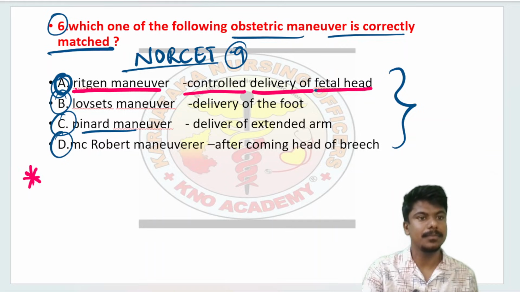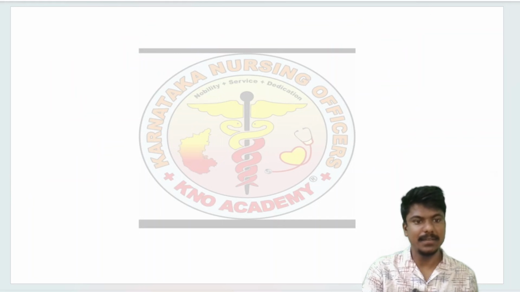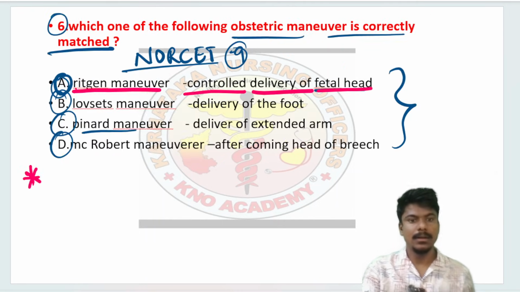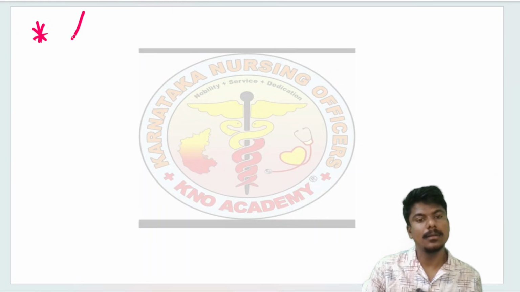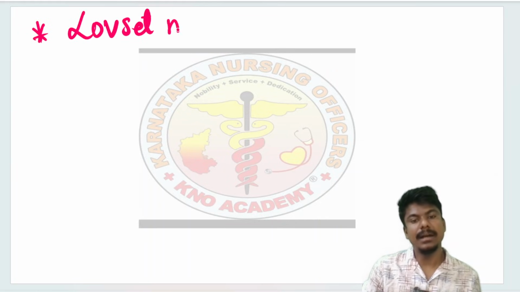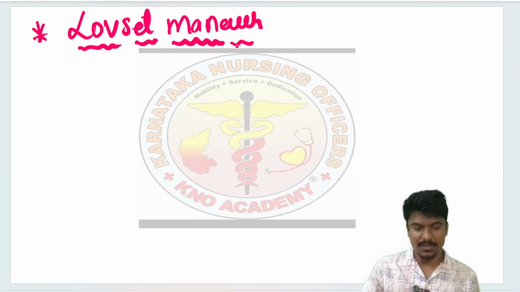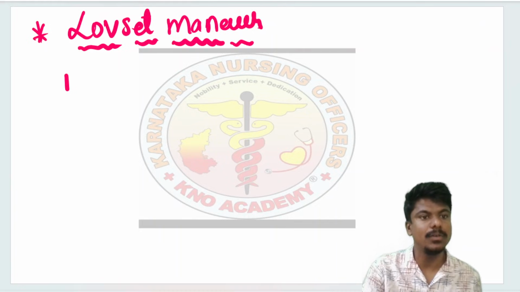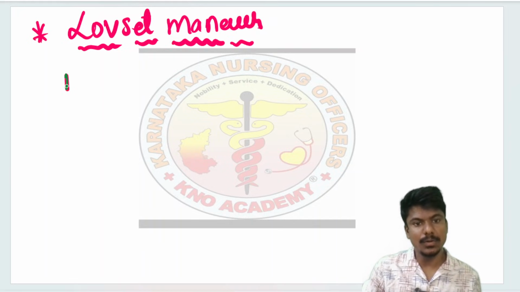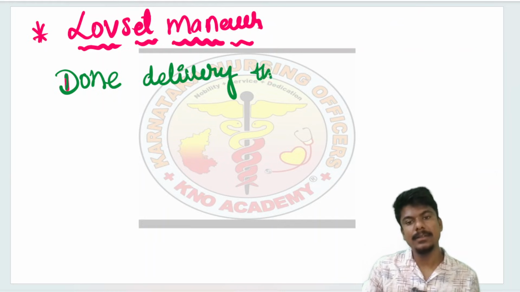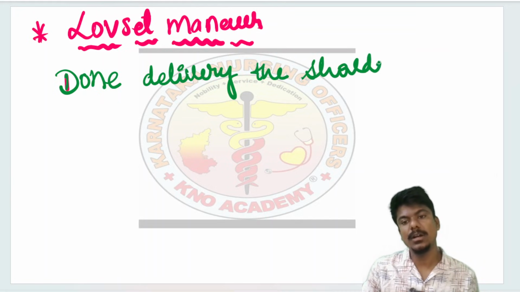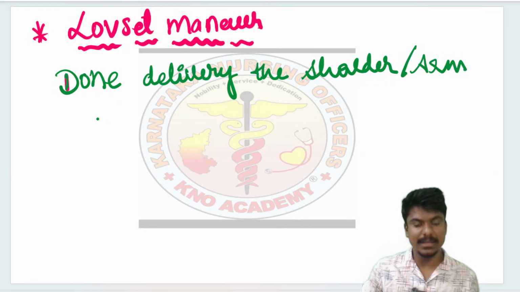Løvset maneuver. Does anybody know that? In Løvset maneuver, especially in case of difficult labor, the trunk is held. This maneuver is done to deliver the shoulders or arms of the baby in case of breech delivery.